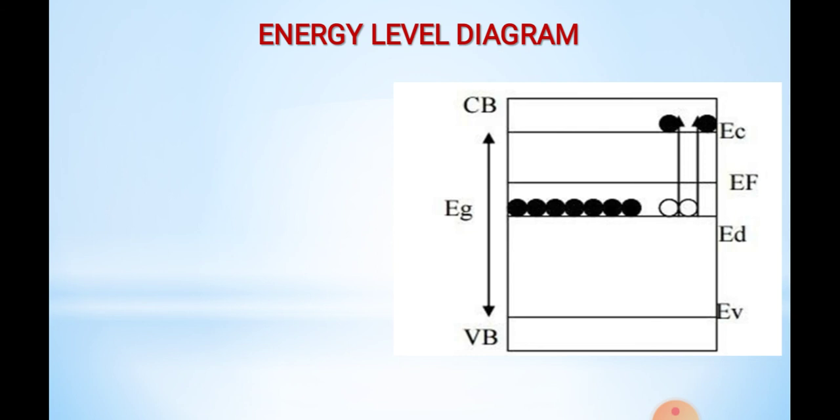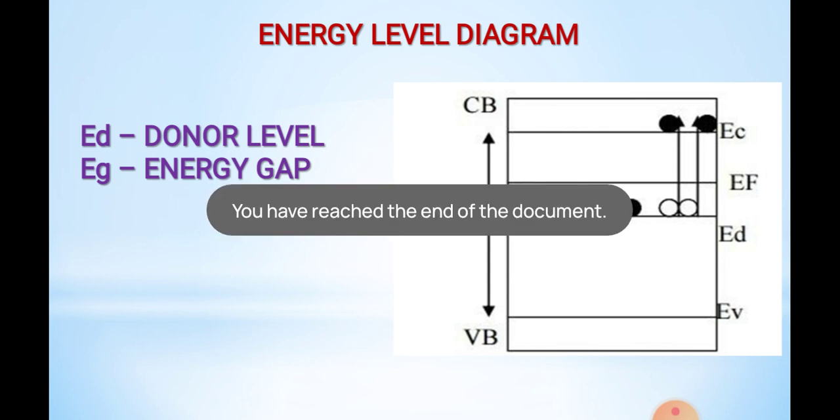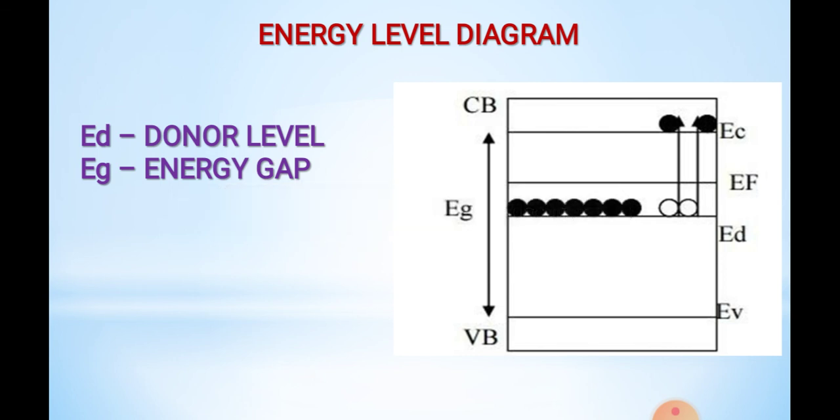This ED is called the donor level, and between the conduction band and the valence band we have a gap called EG. This donor level is just near the conduction band. Why? It will donate electrons to the conduction band, because free electrons will be in the conduction band. That is why the donor levels are just near the conduction band.